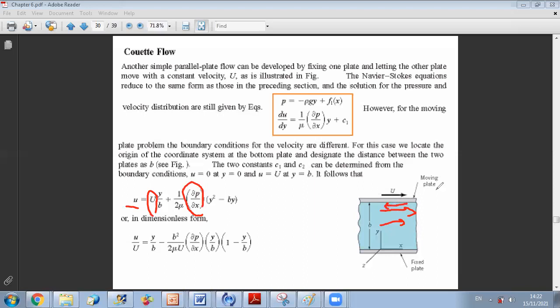Then you will have one positive effect and one negative effect that act against each other, and you can compute the total velocity, whether positive or negative, from the combination of both effects by just doing calculation.